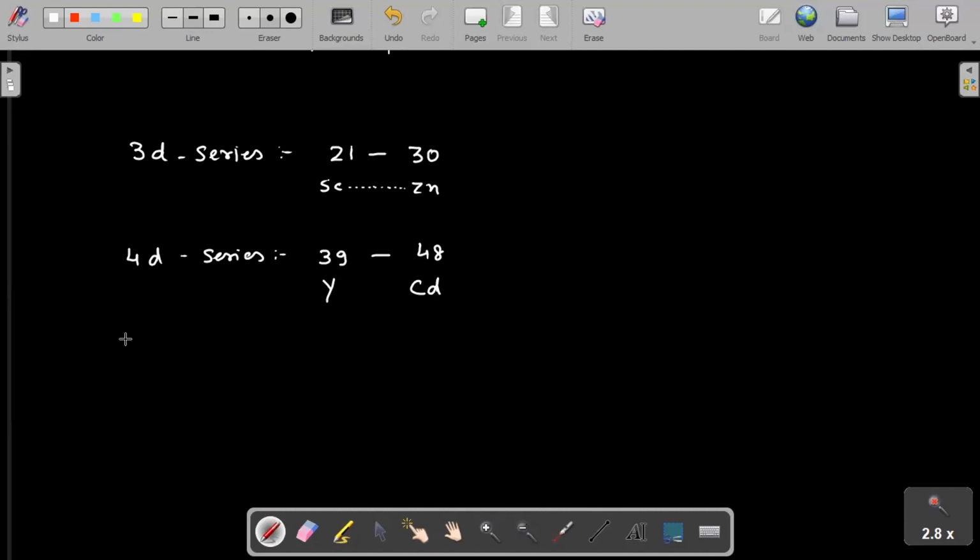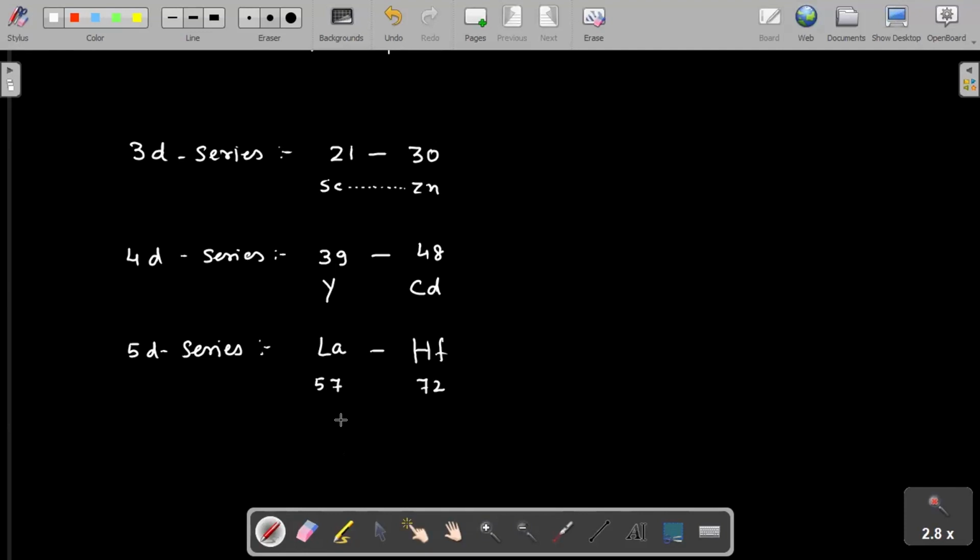And we have the 5D series also, that starts from lanthanum and then hafnium. Hafnium to mercury.